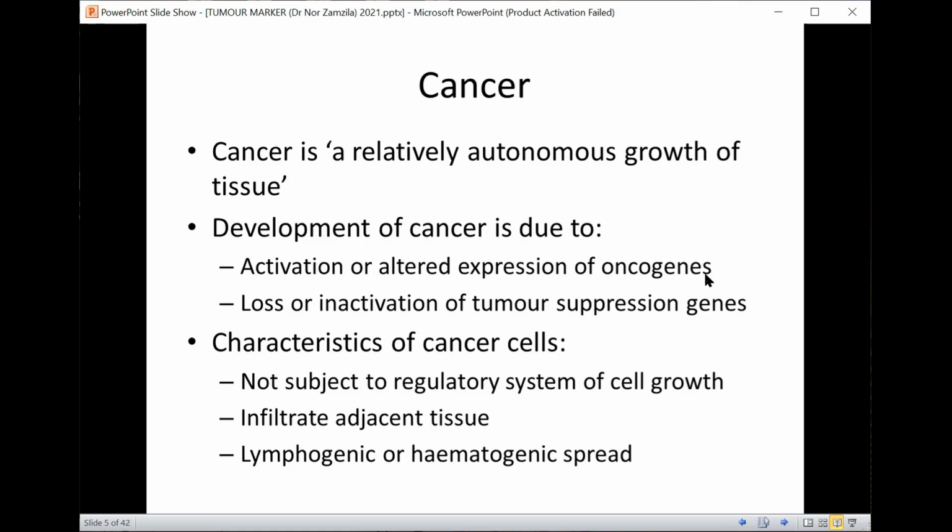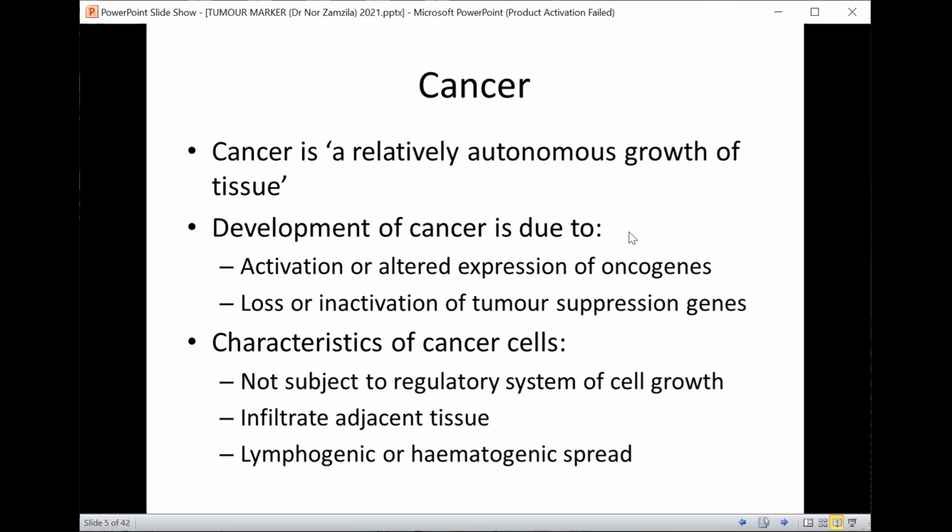Or number two, cancer can develop because of the loss or inactivation of the tumor suppressor genes. In our body, there are genes that suppress the tumor. So when there is inactivation of these genes, this can lead to the development of cancer. In a normal person without cancer, this always has to be in balance, and therefore we do not have cancer.